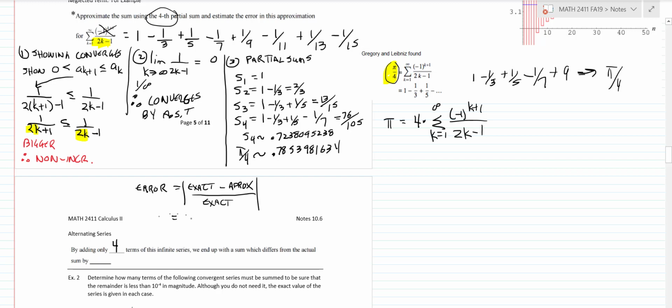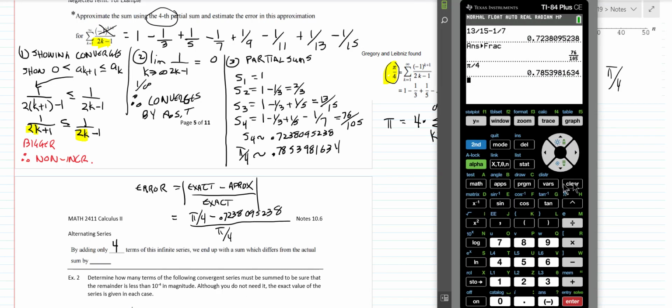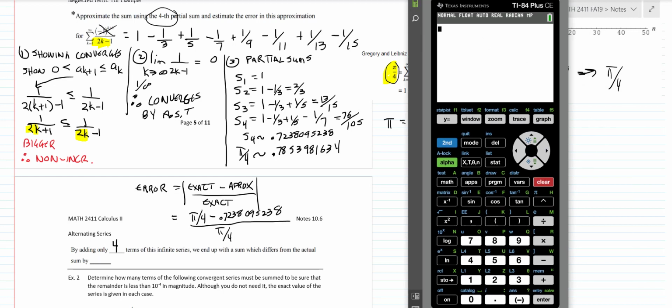So let's see on this. The exact answer is pi over 4. The approximate S of 4 is 0.7238095238, and then all over the exact pi over 4. So I'm just going to do that on the calculator, and that'll give us the error in approximation.